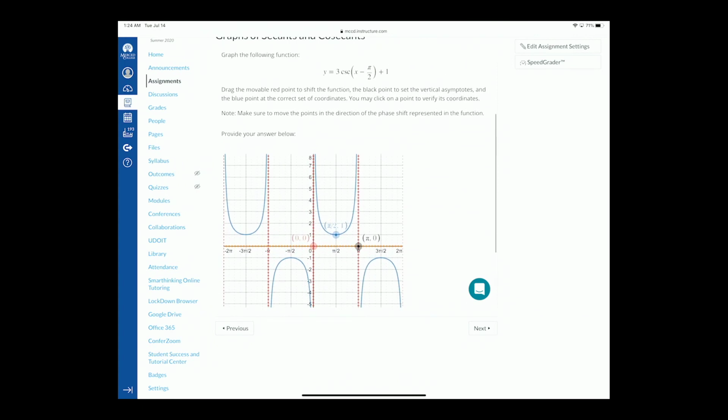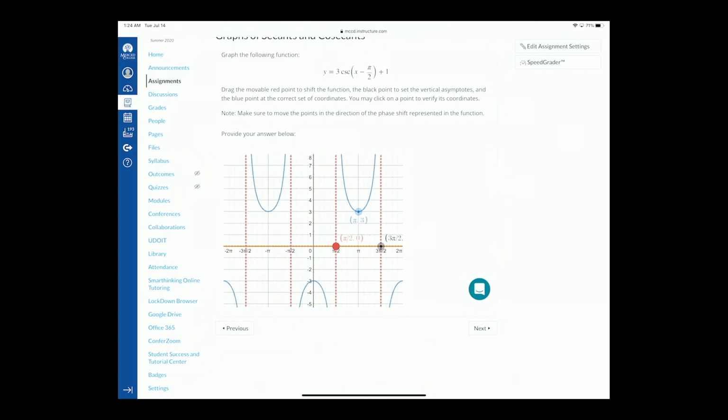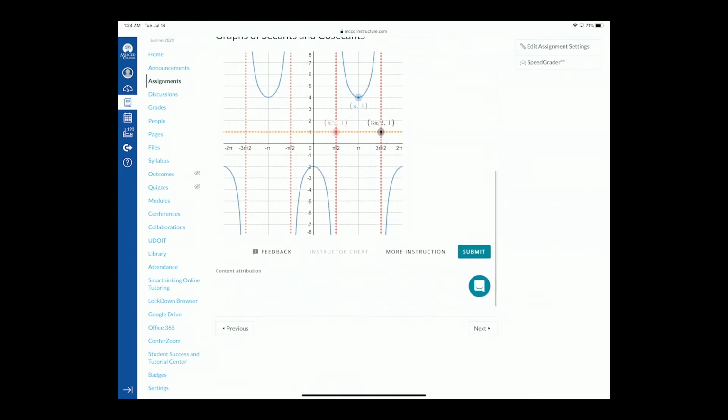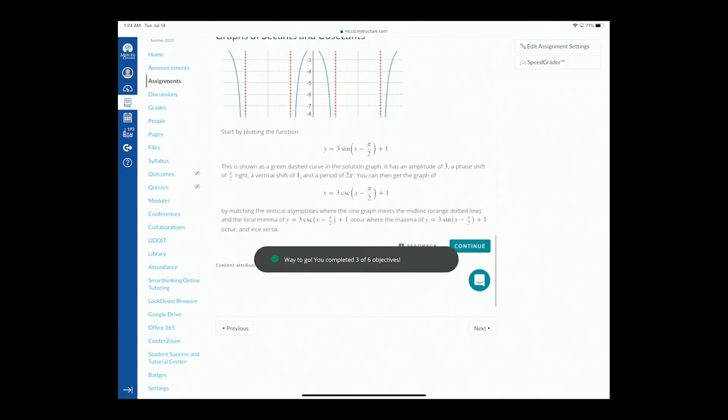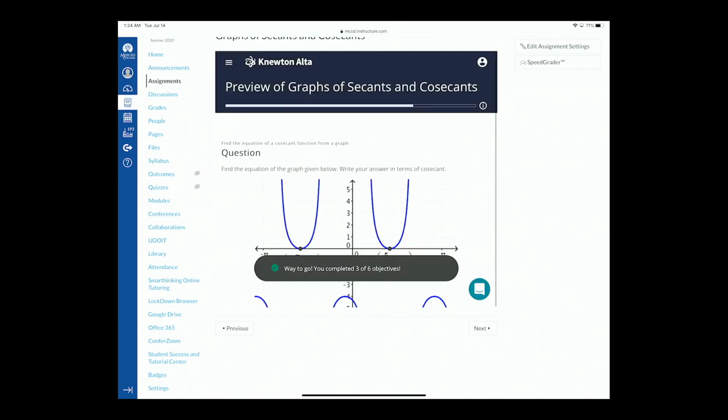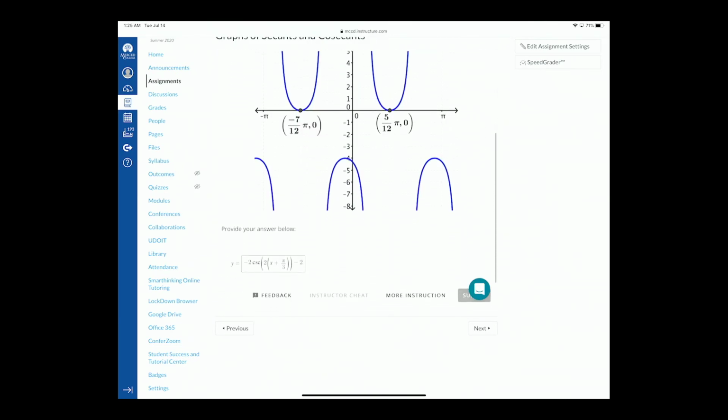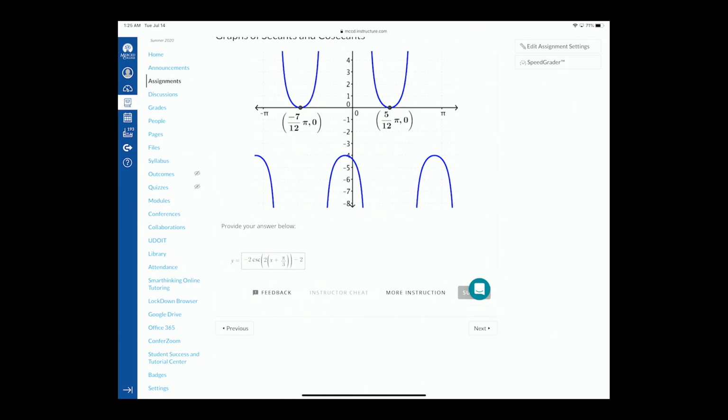I have mastery, I promise. 3 times as tall. It's just never gonna let me do this, is it? Never gonna give me another problem. 3 of 6. Oh no. This is my nemesis.